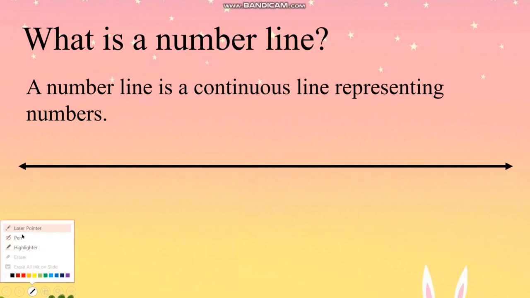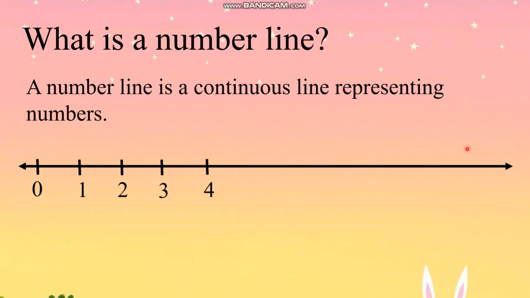Can you see the arrows on both the sides? And then you have numbers. Okay. So this is your number line. Now, today we are going to study how we will add numbers using a number line.